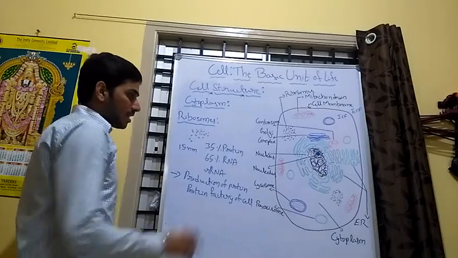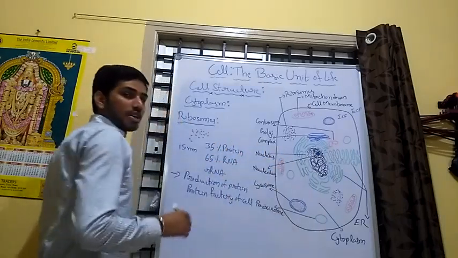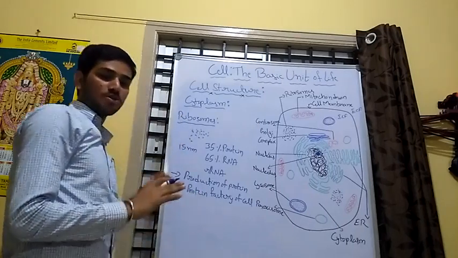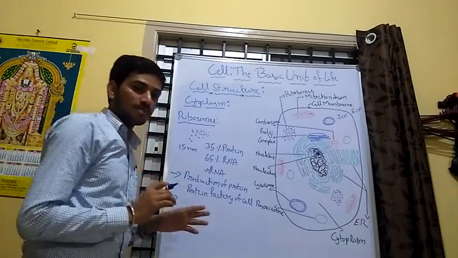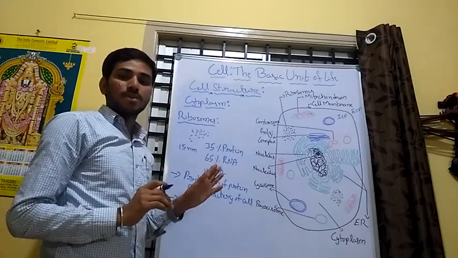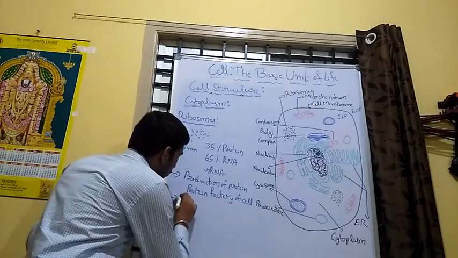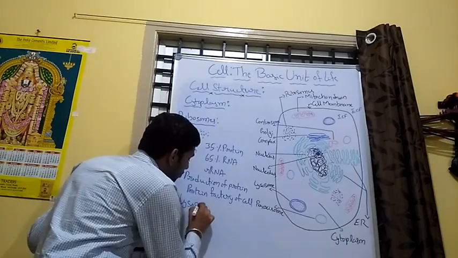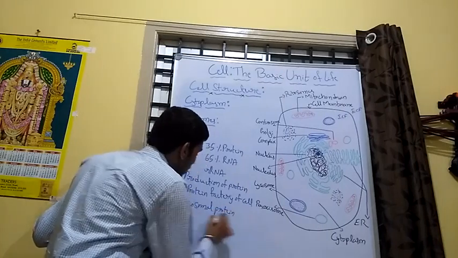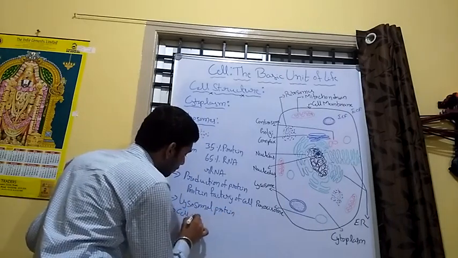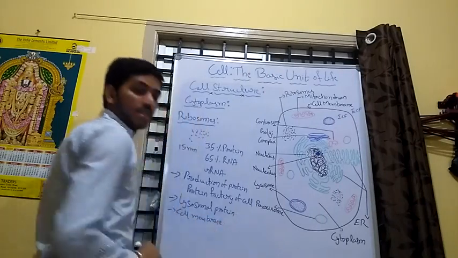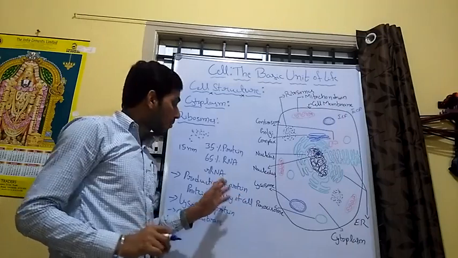The ribosomes attached to the endoplasmic reticulum are responsible for the production of lysosomal proteins, cell membrane proteins, and hormonal proteins.